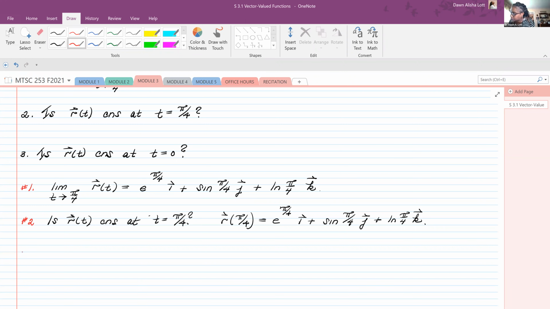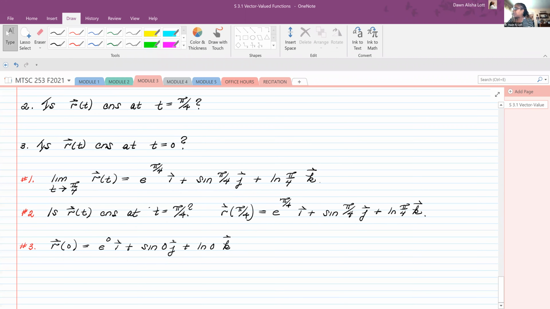Number 3, is it continuous? So I need to find r of 0, which is equal to e to the 0 i plus the sine of 0 j plus the log of 0 k. And I got a problem right here.